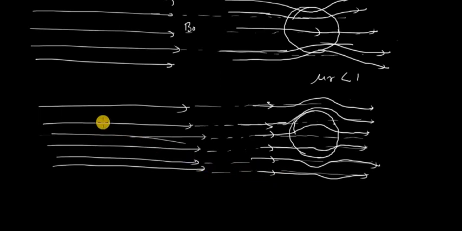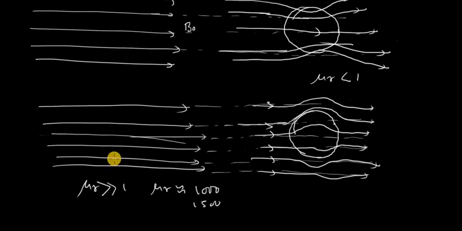But if you place a ferromagnetic material, then the lines of force increase by 1000 or 2000 times, because for ferromagnetic material mu r is very much greater than 1, say 1000 or 1500. If initially there are 4 or 5 lines of force, and we place a ferromagnetic material here, then the number of lines of force will be 6000, 7000.